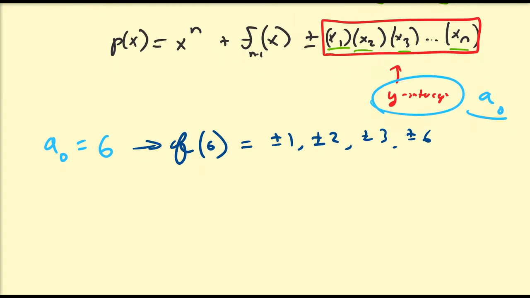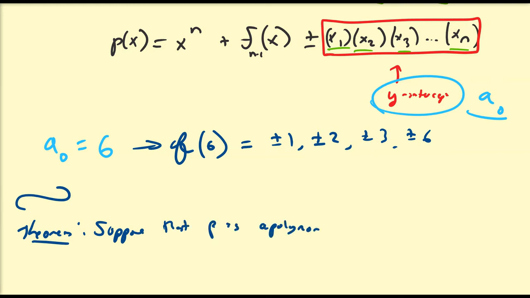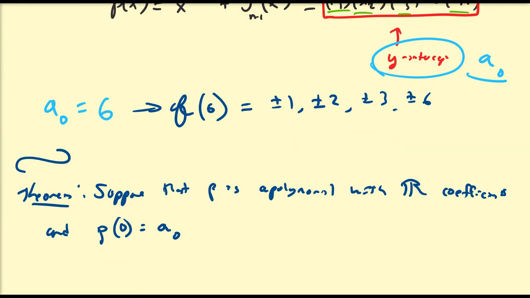So now, with these preliminary things, let us first state what the rational zeros theorem says. Let us suppose that P is a polynomial, and let us assume that it has real constant coefficients, and let us assume that P of 0 is equal to a0. So this is going to be equal to our y-intercept constant.